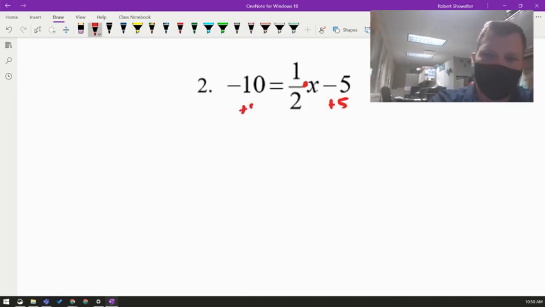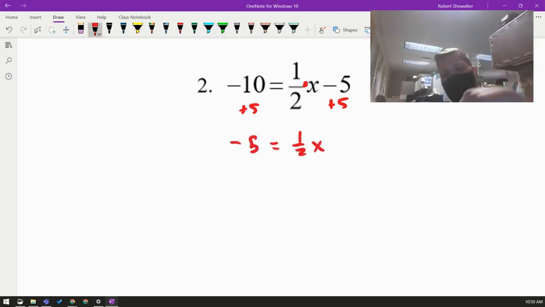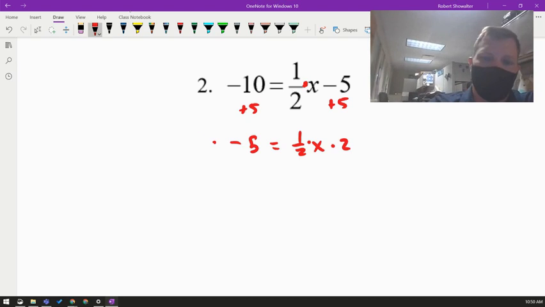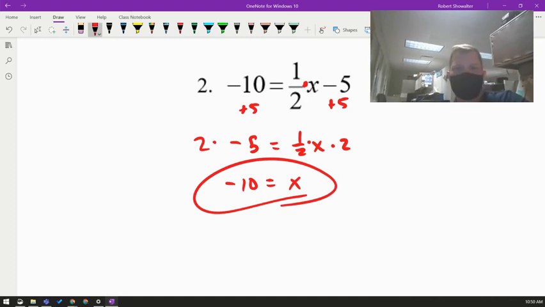So we're going to add 5 to both sides. We get negative 5 equals 1/2 x. When we're at that spot, we have that 1/2 x again. You can view it as 1/2 times x if you want, or if you see that it's really divided by 2 as well, you can just get rid of it by multiplying both sides by 2. And you get negative 10 equals x.